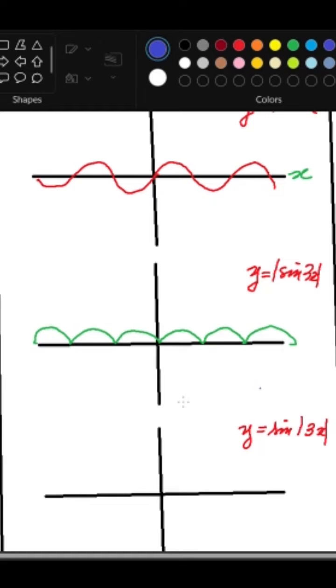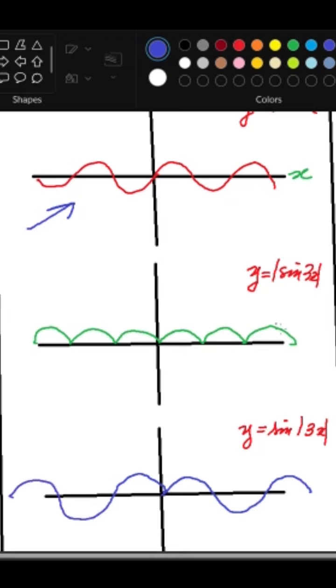So if we take our first graph, we will draw the right side, which always has x positive, and we will draw the symmetrical of this graph here about the y-axis. So it will look like this.